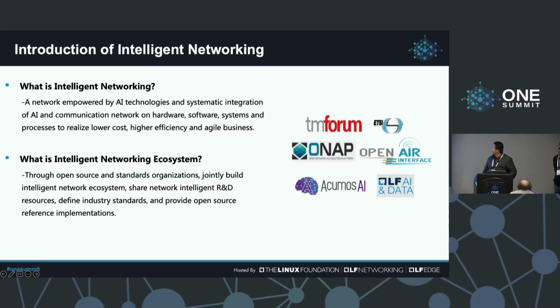Before we get started, we want to give you some background on what intelligent networking is and what the intelligent networking ecosystem is. Here we list the definitions of these two terms, but because of limited time, I will not go into the details.